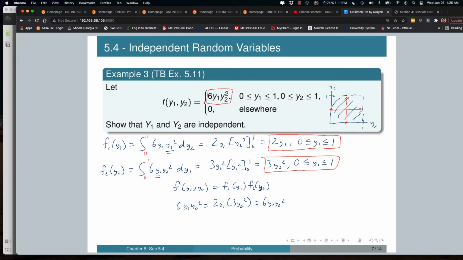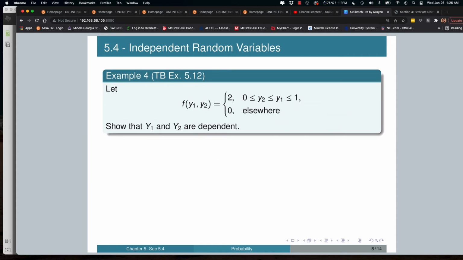They do indeed equal each other. Thus y sub 1 and y sub 2 are independent. All right. Cool. So that's pretty much what you have to show when you're doing this kind of problem. You're either going to show they're independent or dependent one way or the other, and as long as we satisfy that equation, like I've been saying, they're independent.